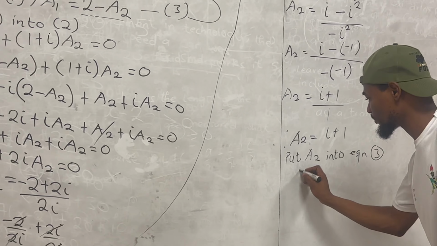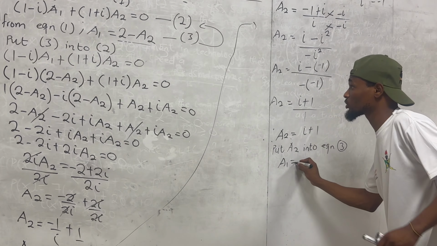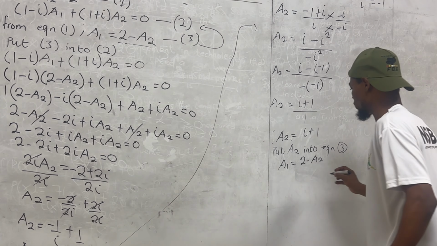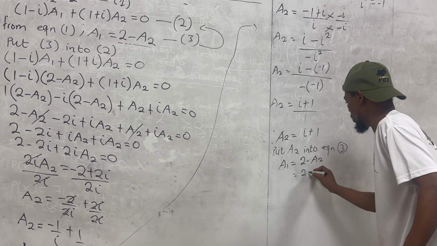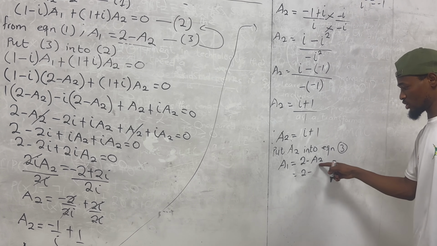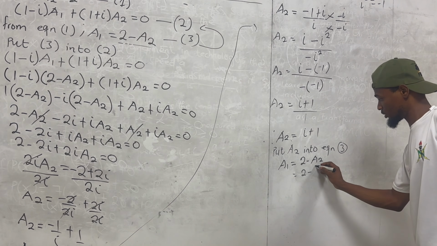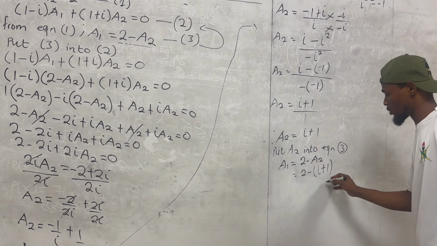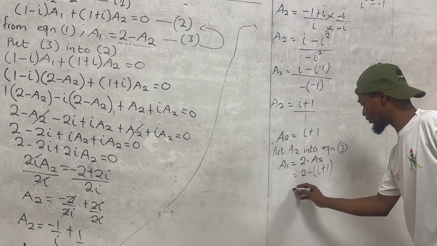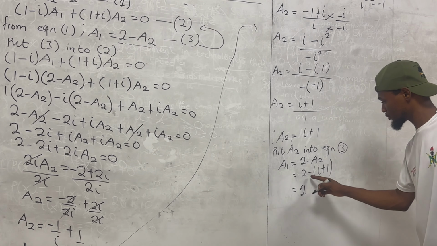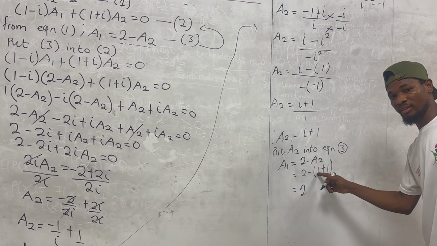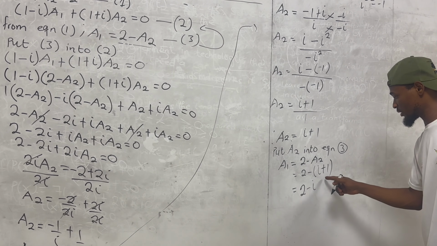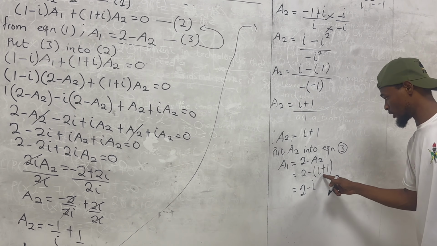Equation 3 states that A1 is equal to 2 minus A2. So I have 2 minus A2, and A2 is i plus 1. Negative times i is negative i.